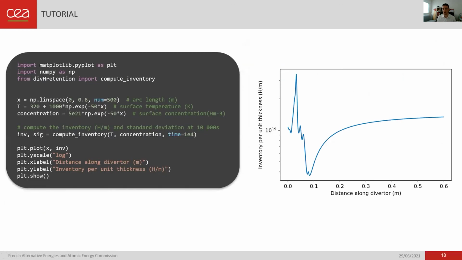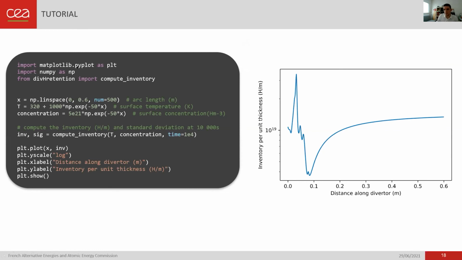I just wanted to showcase a few examples that are available on the GitHub repository. We also have plenty of notebooks available in the documentation if you are interested in the examples.